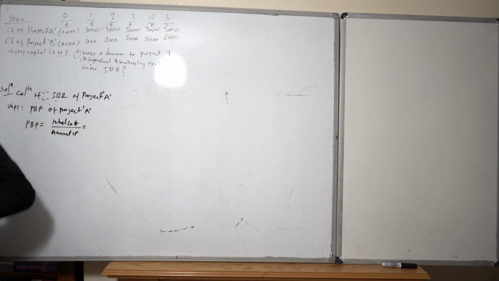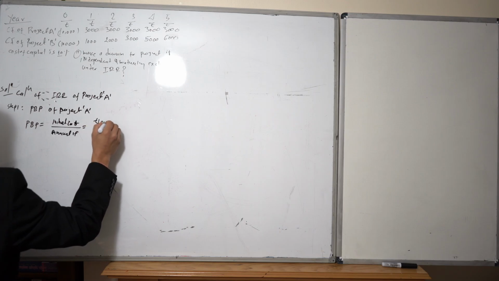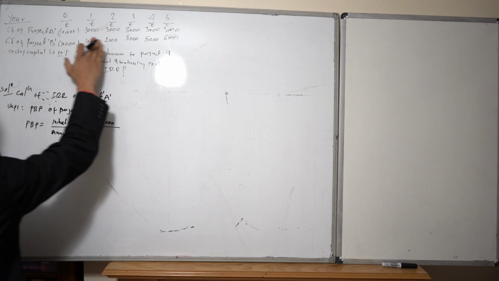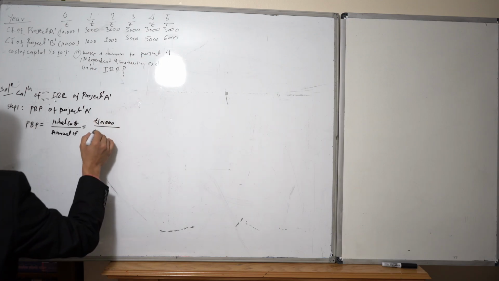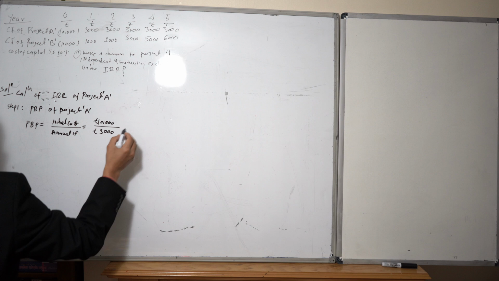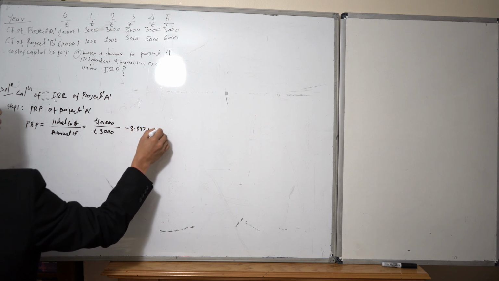We know that the initial cost is 10,000 pound. Then the annual cash flow for project A is 3,000 for all 5 years, so 3,000 goes here. Then we get the payback period of 3.333 years.